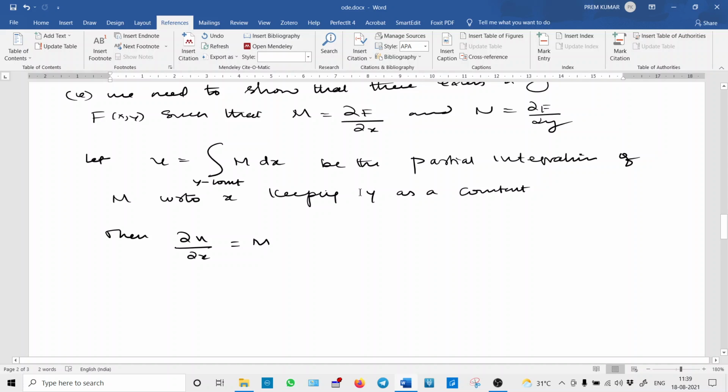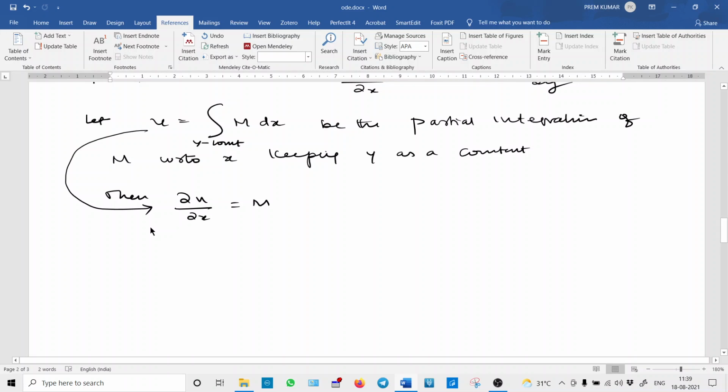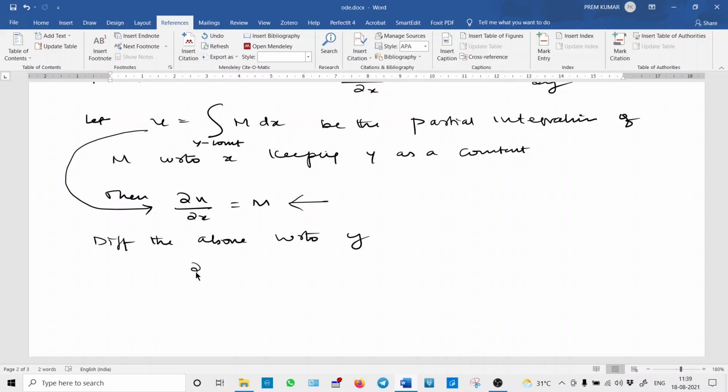Differentiating again with respect to x, we get M. Now what we are going to do is differentiate the above equation with respect to y. So what happens? Dou by dou y of dou u by dou x equals, on the right hand side, we will get dou M by dou y.